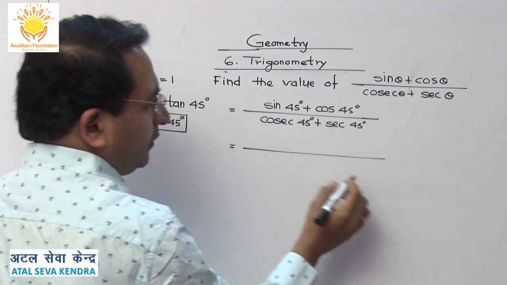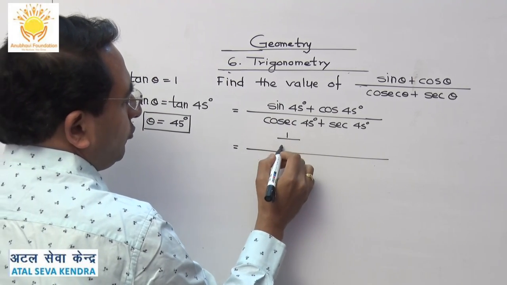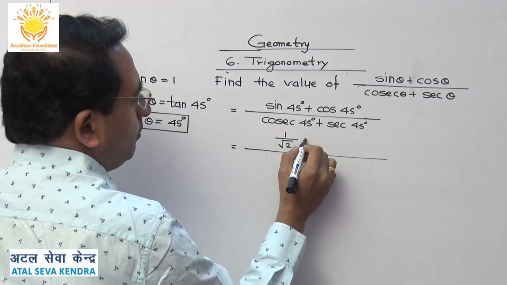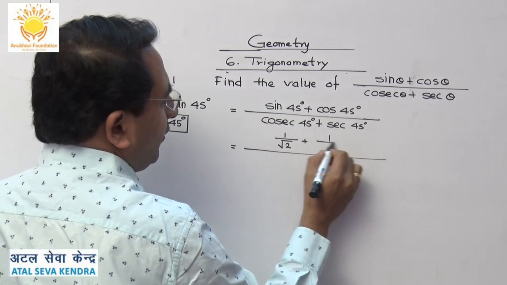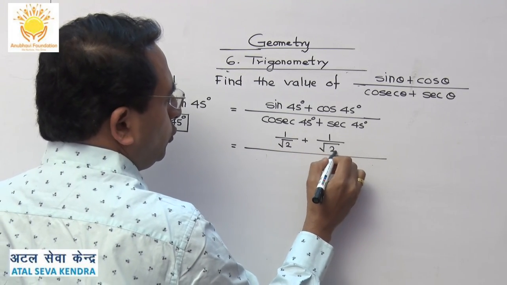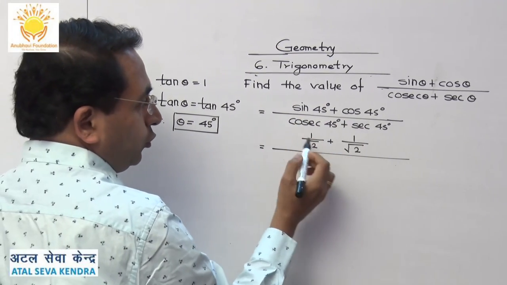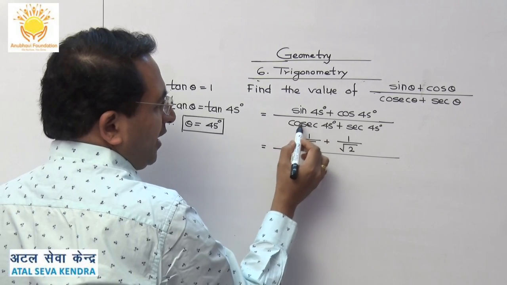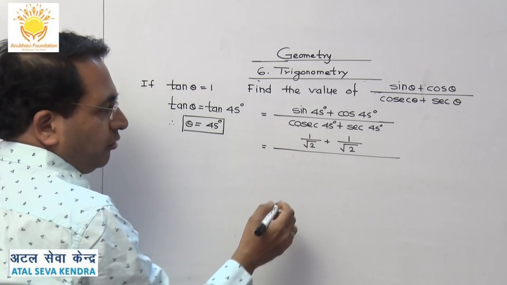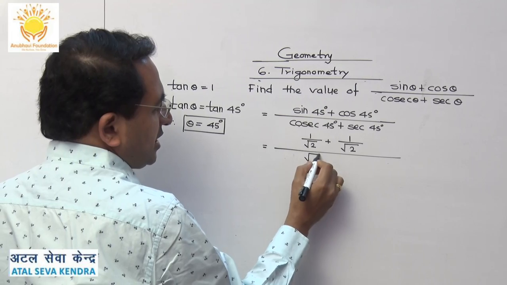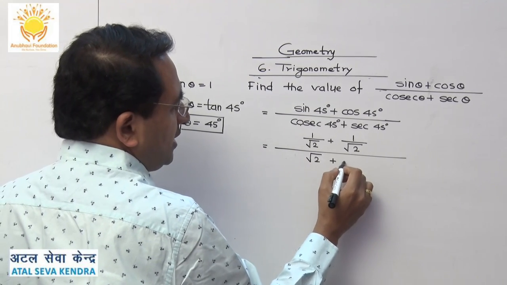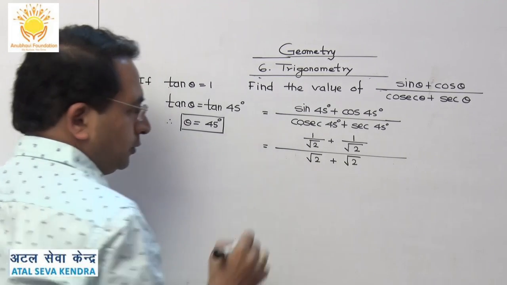Sine 45 is 1 upon root 2 plus cos of 45 is again 1 upon root 2. These are the standard values which you are supposed to know. Now sine 45 and cosec 45 are reciprocals of each other, and that's why this answer is root 2, and this also is going to be root 2.